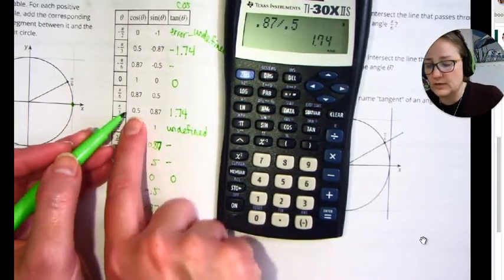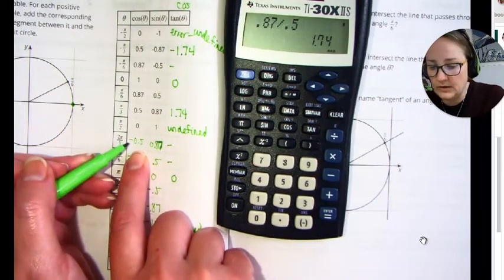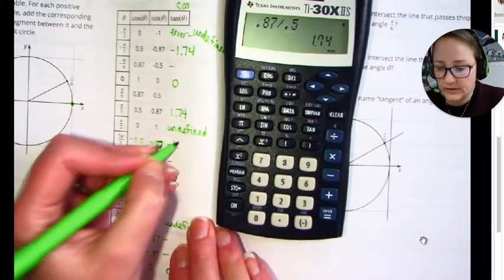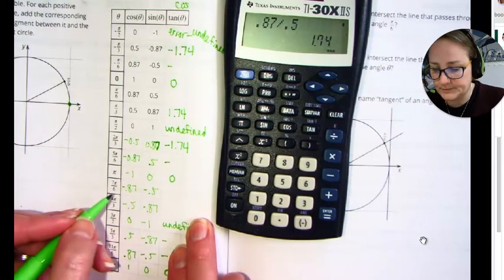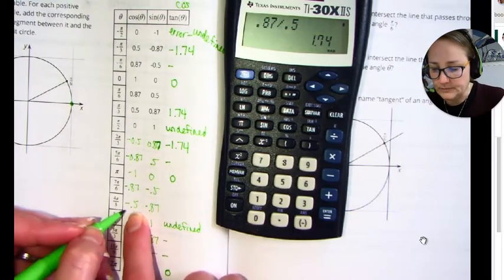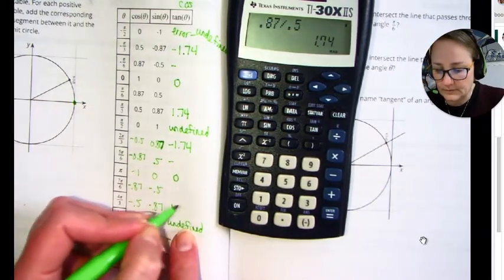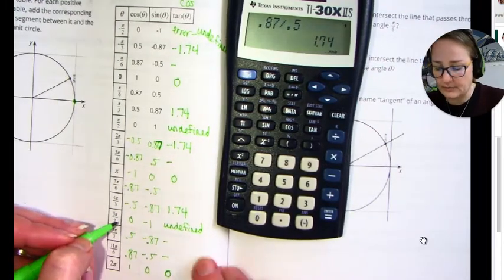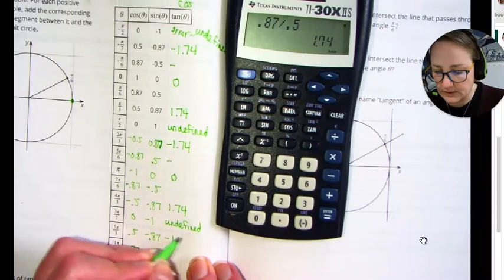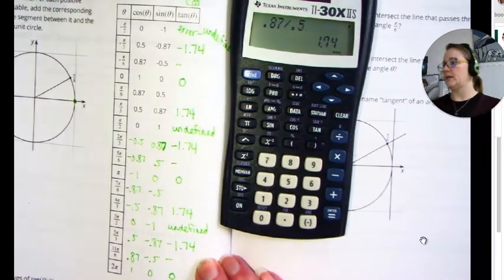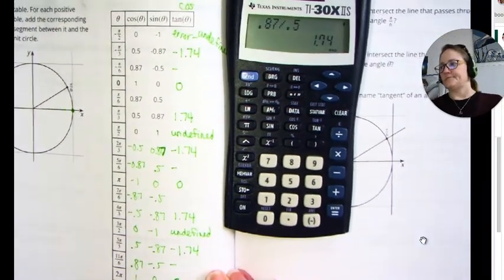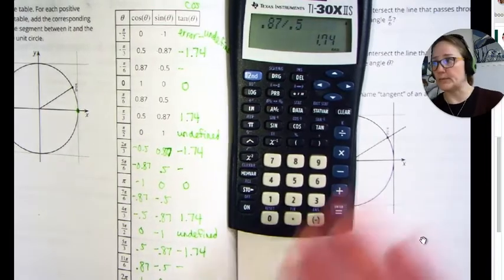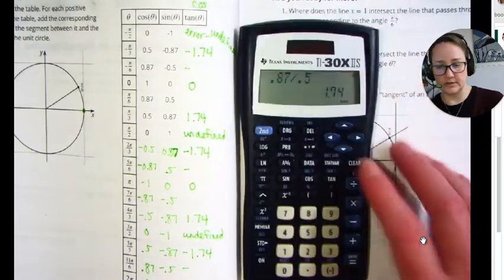So anything that is dividing by 0.5 is going to have a 1.74. Any cosine at -1/2 or +1/2 has that 1.74. I love when we see patterns. It makes us so much faster.